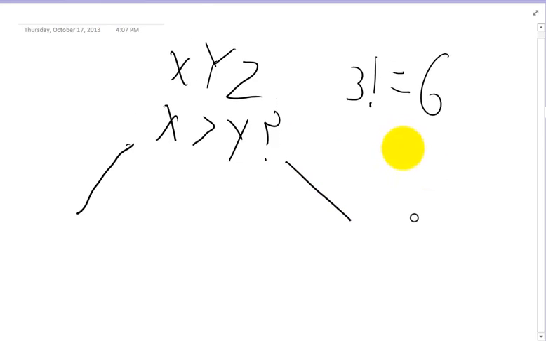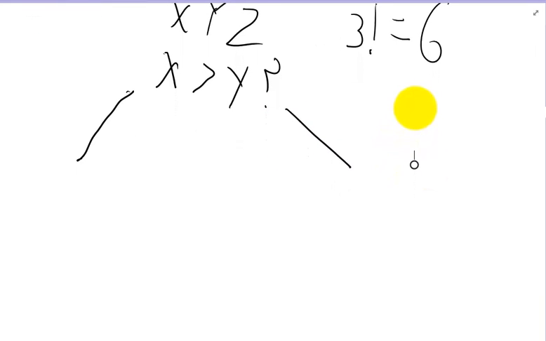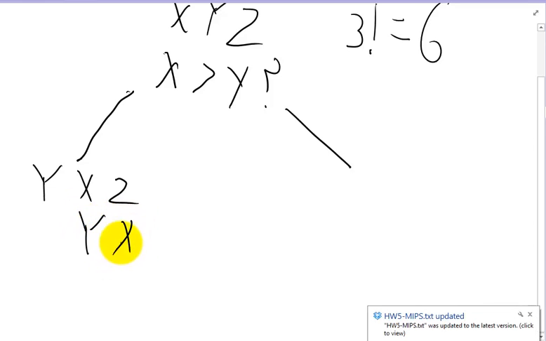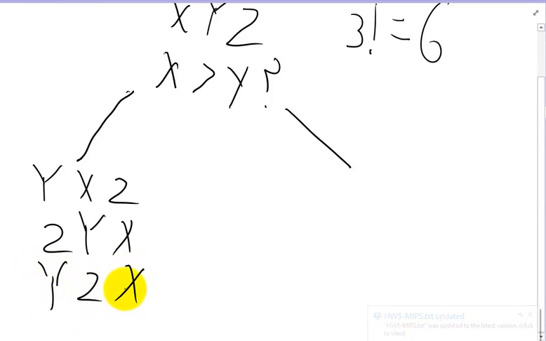Let's say that x is greater than y. Then we know that y must be behind x. For that scenario, there will be 3 combinations, I believe: x y z, x z y, and z x y. Those are the 3 combinations.